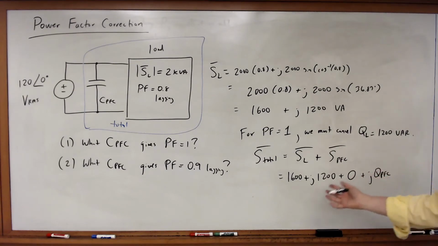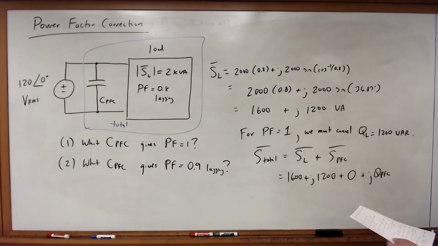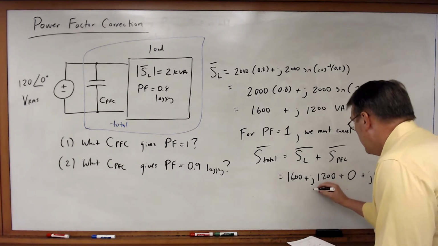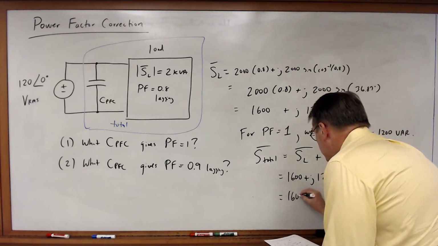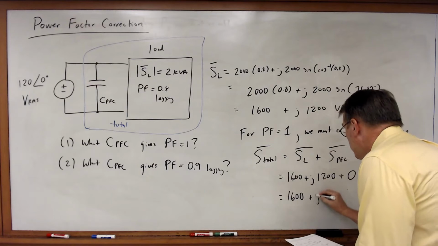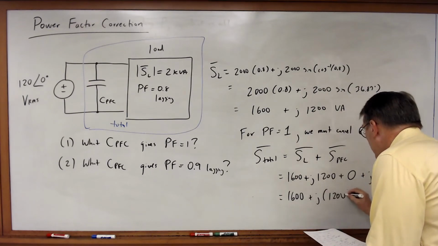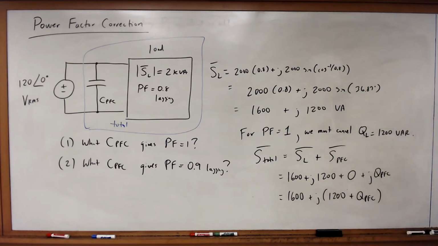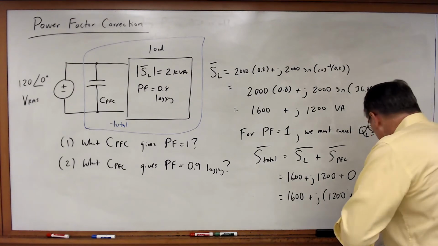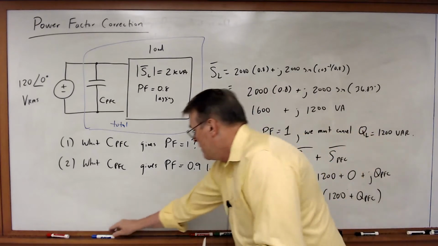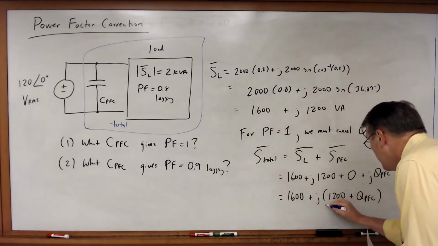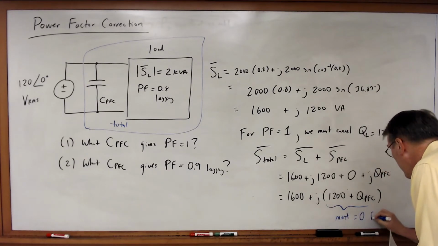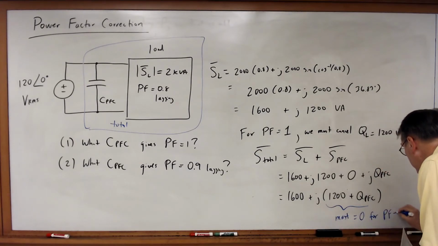So just to go through and explicitly calculate this, what I want is this. If I group these together, this is equal to 1,600 plus J times 1,200 plus QPFC. And this must be equal to 0 for a power factor equal to unity.